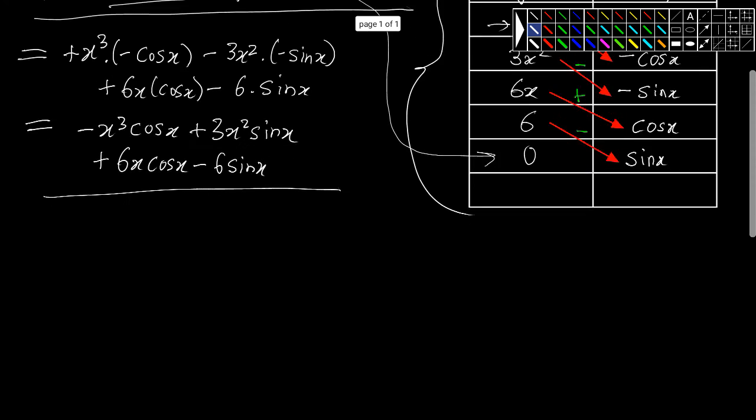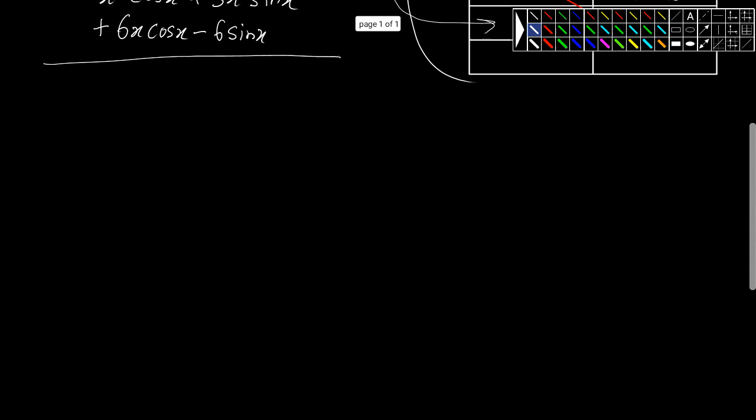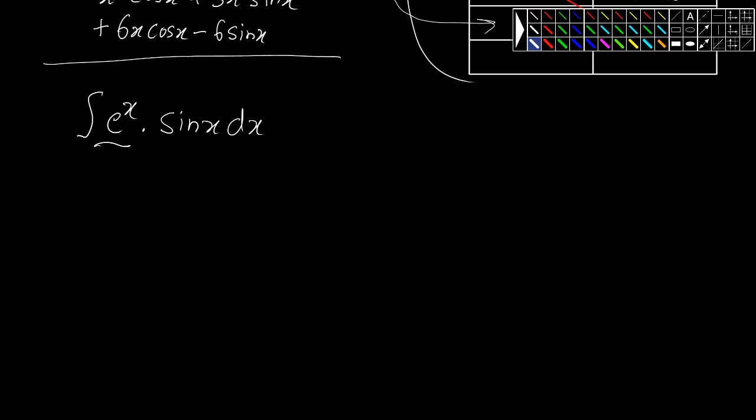So for example, if we have the integral of e to the x times sine x dx, we can see that the derivatives of this function are not going to go to 0. So how should we apply tabular integration over here?